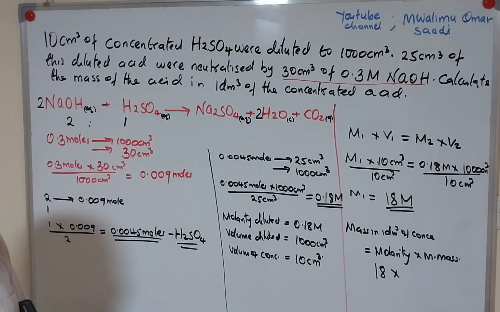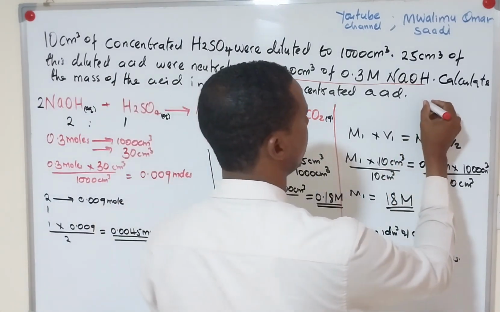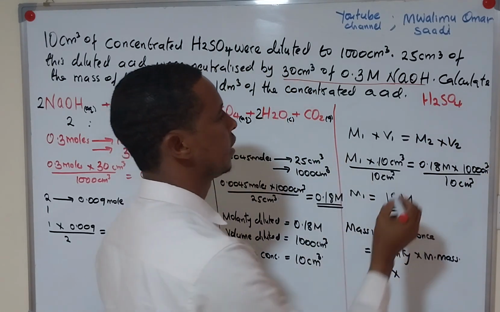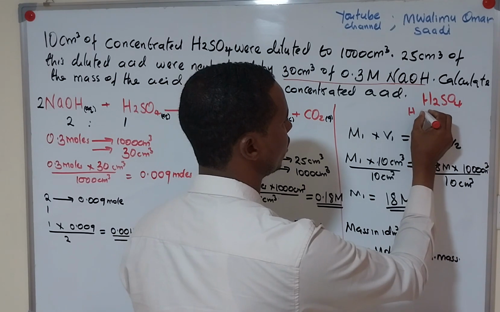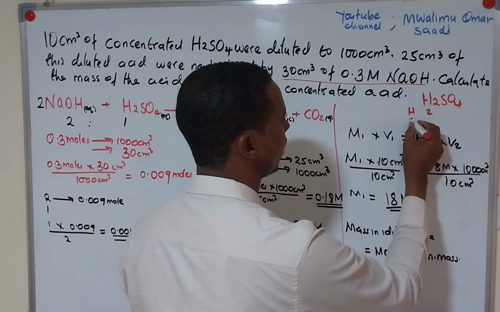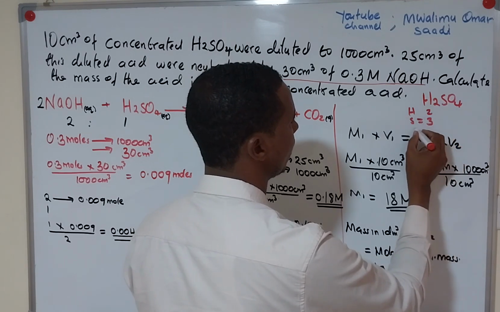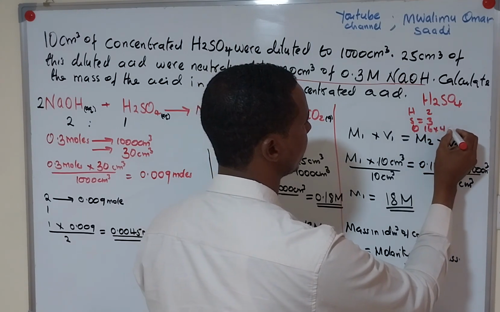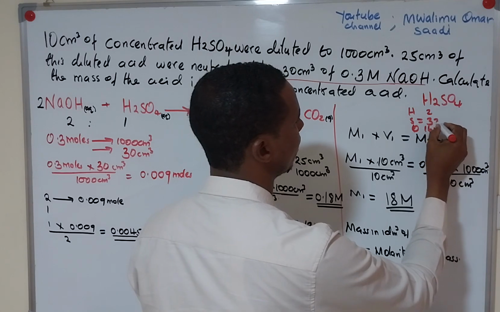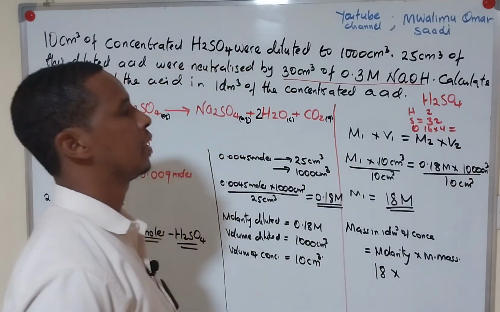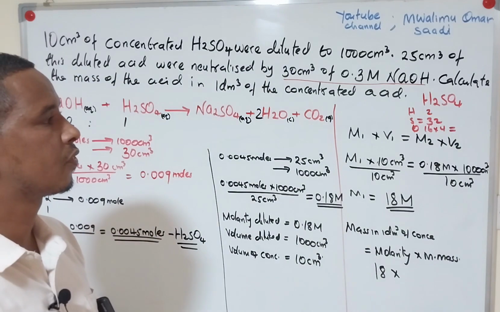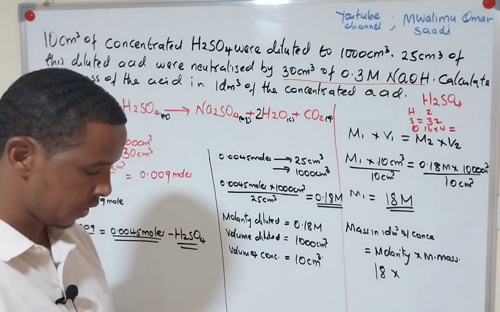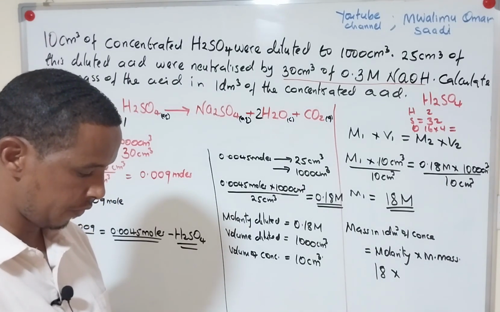So 18 times the molar mass of the acid. Well, let's do that. The molar mass of sulfuric acid, here we have got H is equal to 1 times 2, which is 2, S, which is 32, and then O, which is 16 times 4, which is 64. So that will give us 16 times 4 plus 34.